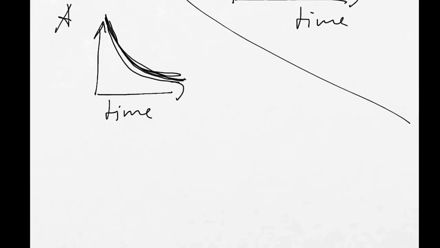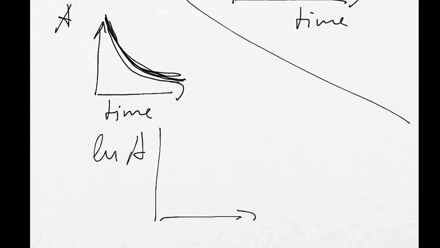Well, I take my data, and instead of A versus time, I plot ln A versus time. And this should give me a straight line.